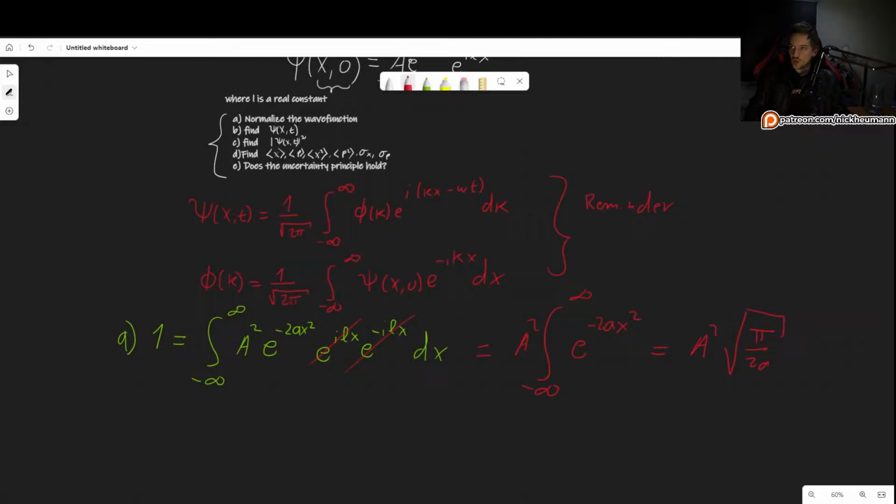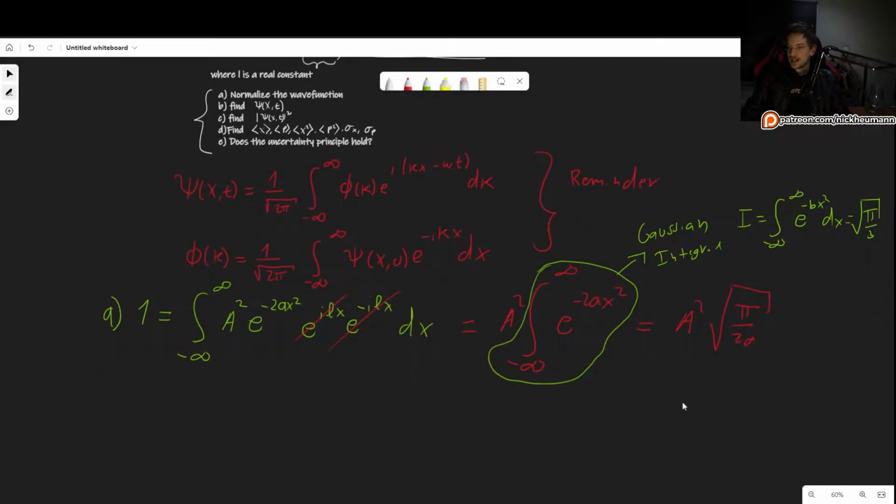If you are unsure where this came from, this right here is an integral that cannot be solved by traditional means. This is called the Gaussian integral. You are going to encounter it very often. Its result in general: if you find an integral from minus infinity to infinity of e to the minus bx squared dx, this is the square root of pi over b.